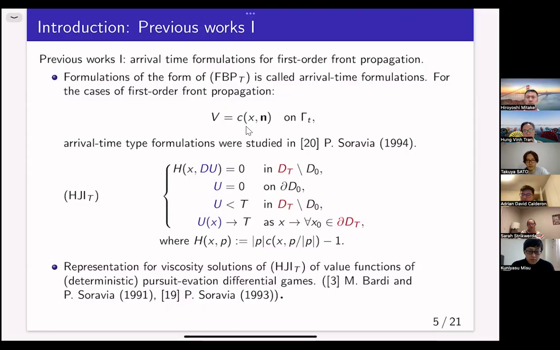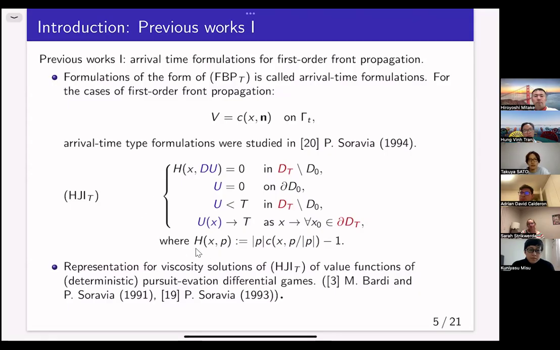This was studied in 1994 in Soravia's paper. And here, for this equation, the level set formulation using the stationary formulation can be given by this free boundary problem.